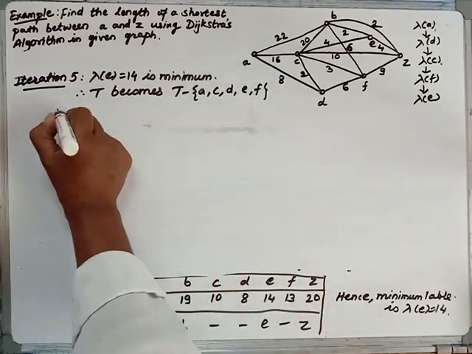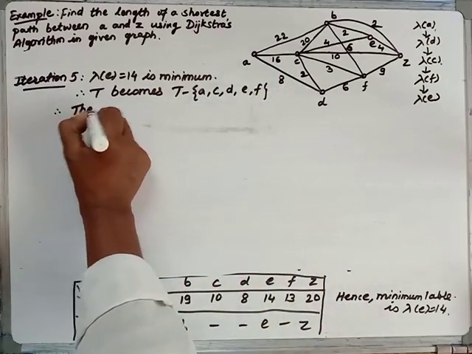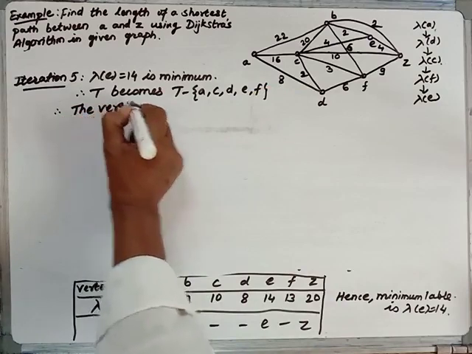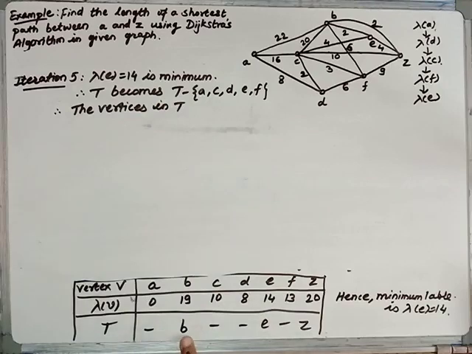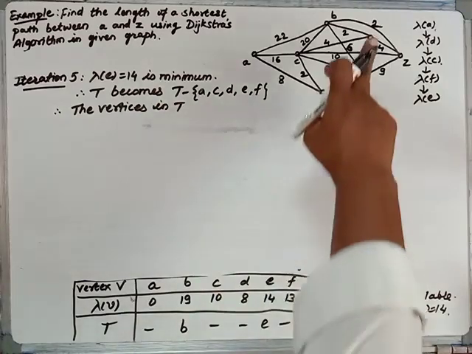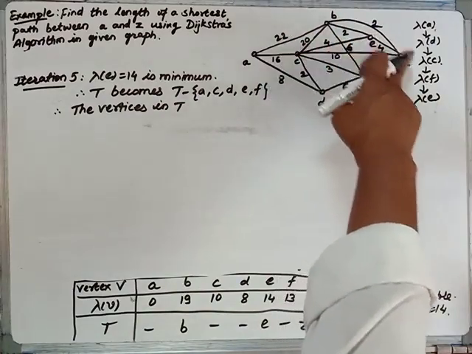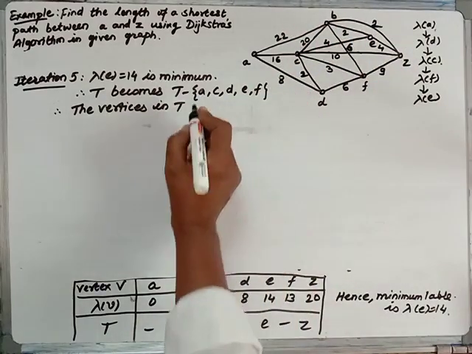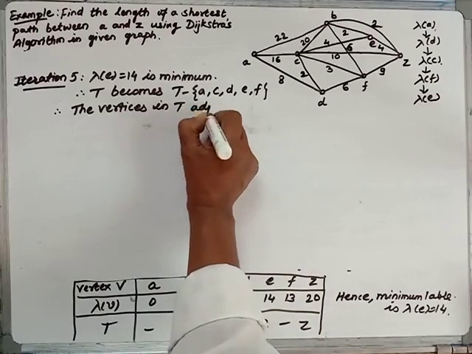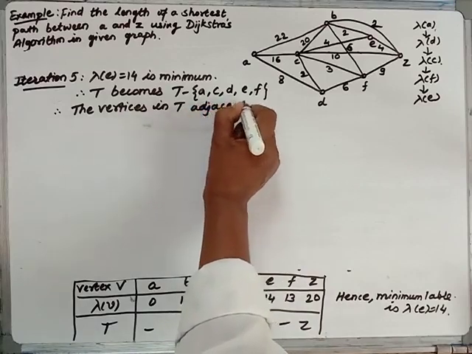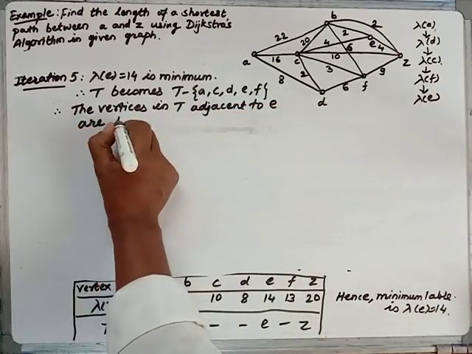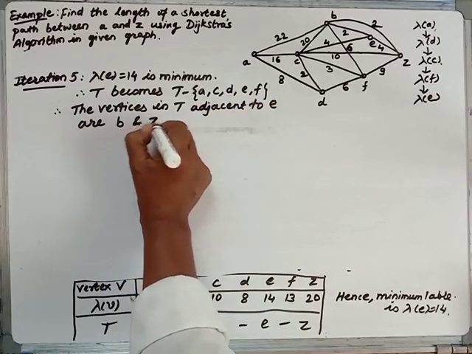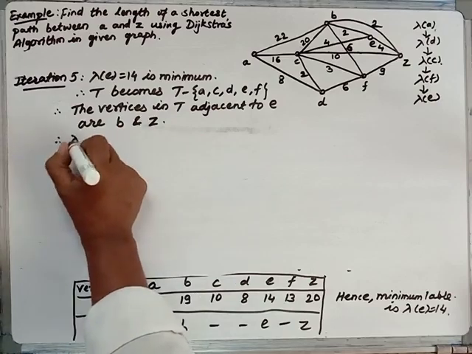So, therefore, the vertices in T are B, E, Z. So, adjacent to E, from E there is an edge up to B as well as to Z. So both are adjacent, right? Adjacent to E are B and Z, right? Therefore, lambda of B.